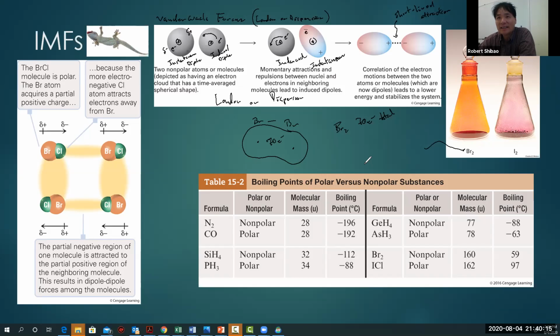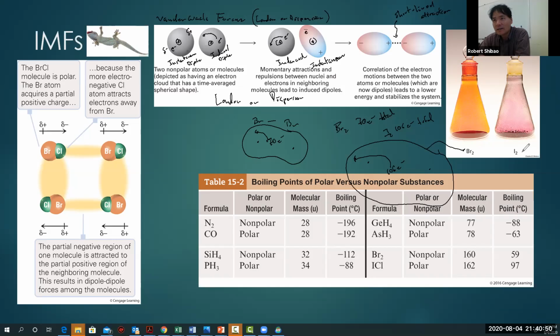But iodine's bigger. It's 53, and so I2 is 106 electrons total. If all 70 electrons in bromine decide to go to the left side, that's going to be hugely polar. But in the case of iodine, if all 106 electrons decide to go to one side, that's going to be significantly more polar than bromine.